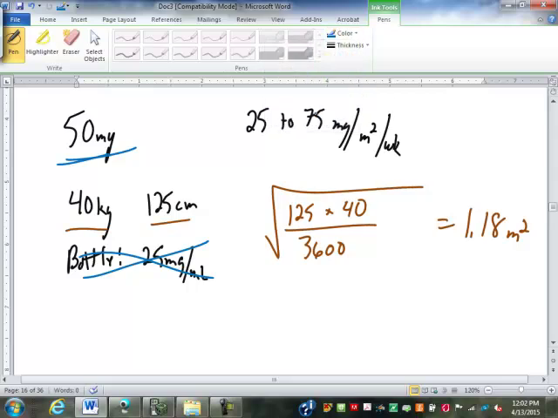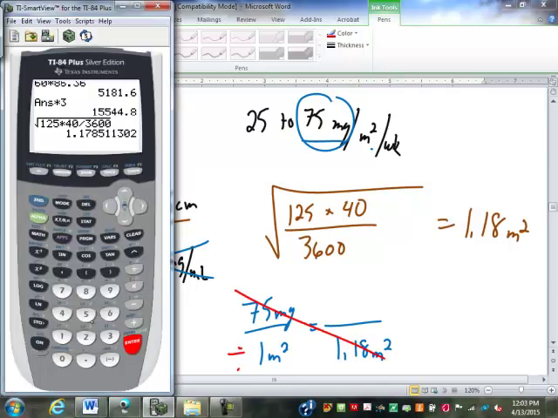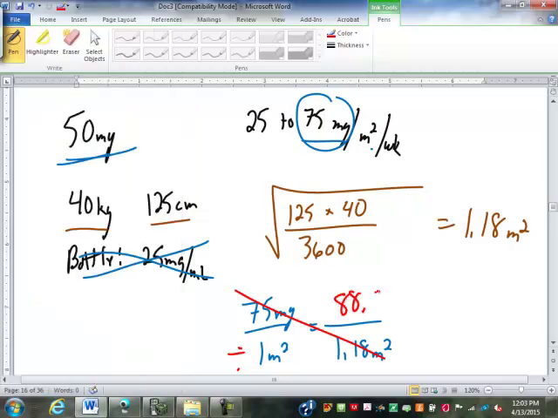Now, since we're going to get safe dose, I'm going to look at the upper end first, 75 milligrams per 1 meter squared. It's going to be how much per 1.18 meters squared? Cross multiply and divide. 75 times 1.18 divided by 1 is 88.5 milligrams. 50 milligrams is definitely below that.